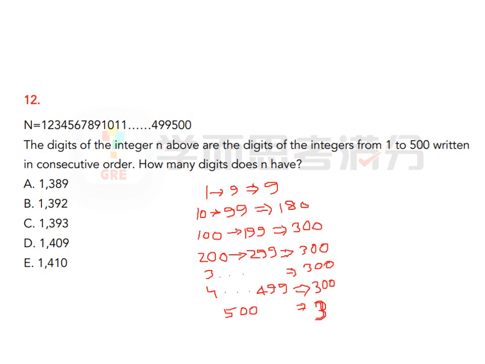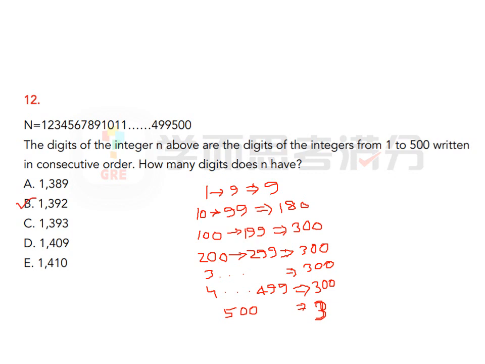From 1 to 9 we have 9 digits, from 10 to 99 we have 180 digits, and from 100 to 199 we have 300 digits. In the same way, we have 300 digits for 200 to 299, 300 to 399, and 400 to 499, and in 500 we have 3 digits. Now add all of these digits and we get the answer 1392.